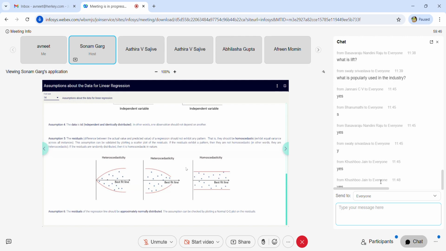Okay, this is assumption 5. Now this heteroscedasticity might be because, let's say, you are studying over a period of 50 years how many times online transactions have started. If you take this data, I'll take a few data points.